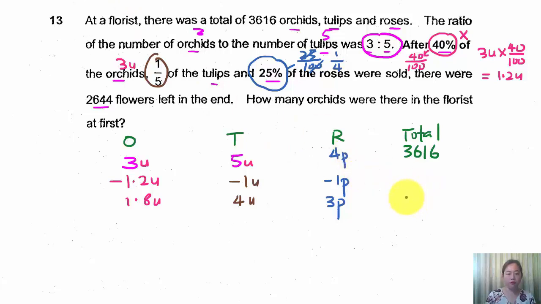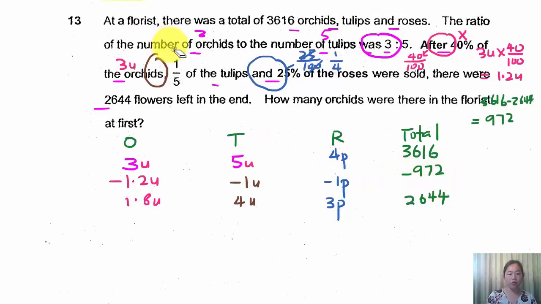And therefore, the amount here is actually 2,644. And from 3,616 to become 2,644 means that there is a reduction of 3,616 minus 2,644, and we will get 972.